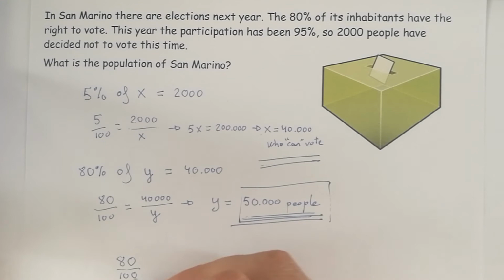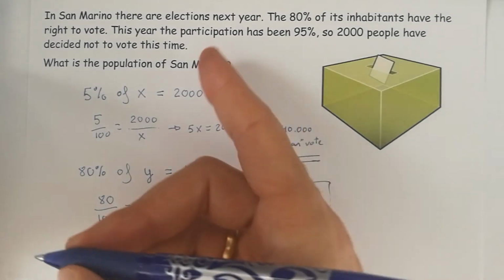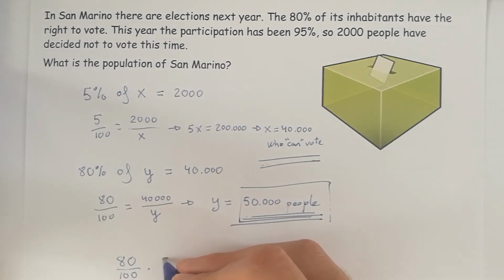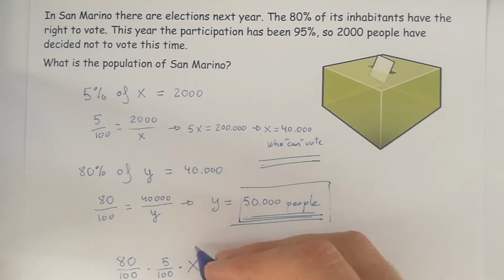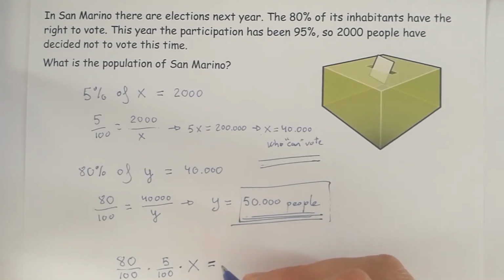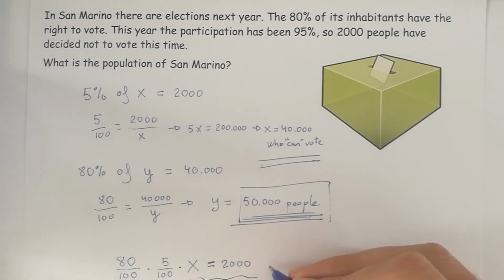This applies to our population, and then to this result we have to apply the 5%, one percentage after the other, of the quantity we don't know, the total population. And we get 2,000 people.